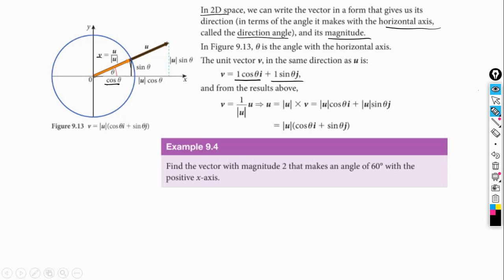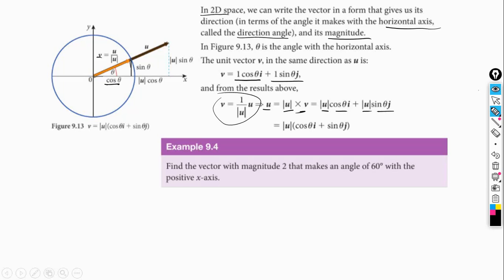Now, if we want to find vector u, notice that rearranging this equation here, we have that u is equal to modulus u times v. In other words, it would be modulus u times cosine of theta times i plus modulus u times sine of theta times j.